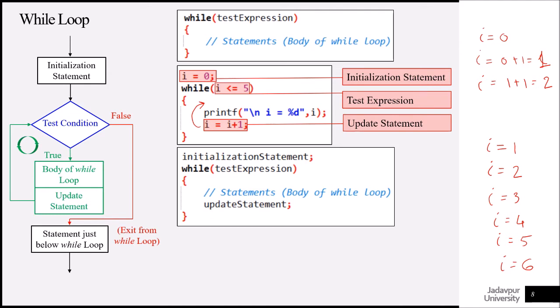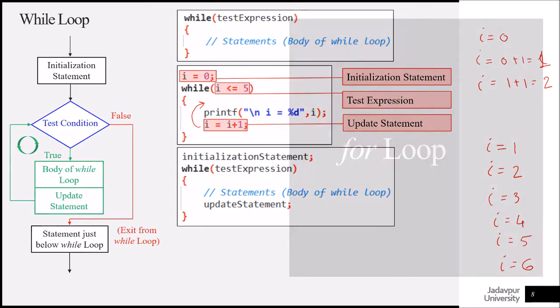Now as i is equal to 6, the test condition is not satisfied and it will exit the loop. So again, to reiterate, the update statement can be provided anywhere within the body of the while loop, but of course there may be changes in the output of the program depending on where this statement is provided.